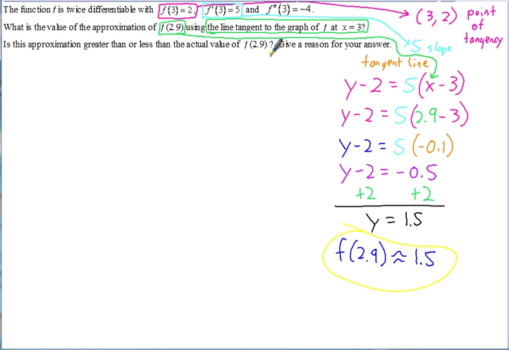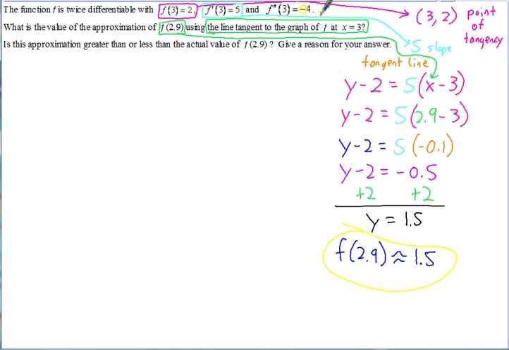So remember, we figured out that whether the tangent line under or overestimates the function is all based on the concavity. And the concavity comes from the second derivative. So let's see what we know about the second derivative. So notice it tells us right here, the second derivative, f double prime of 3 equals negative 4.